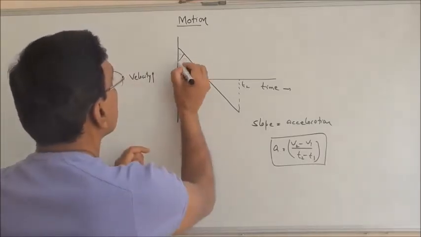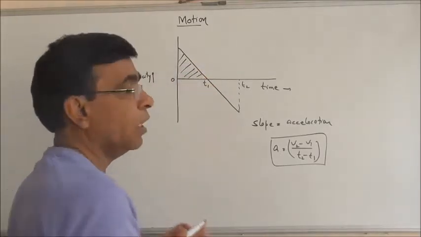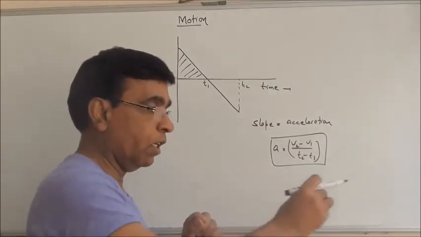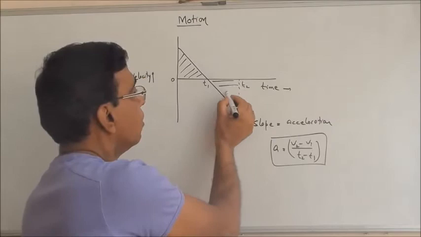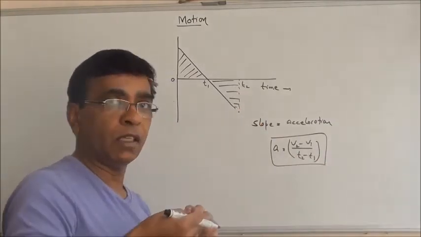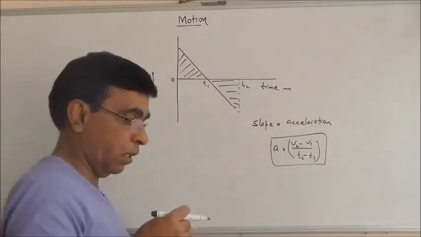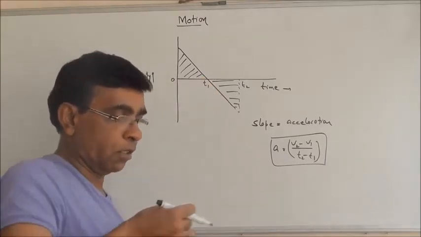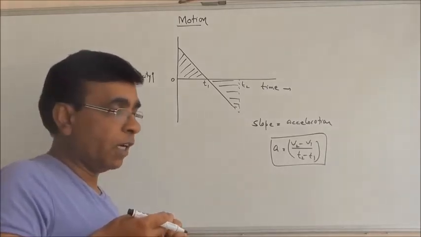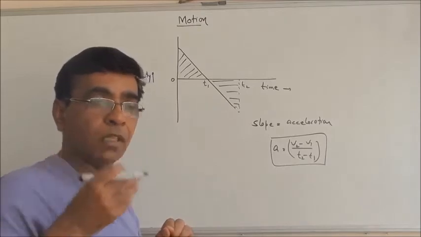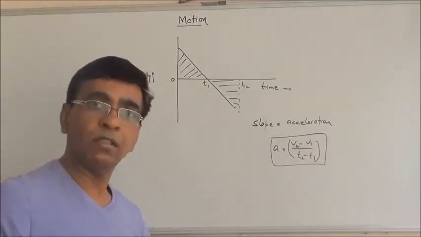This area will give us the distance covered when the body is moving in one direction. This is the distance covered when it is moving in this direction. From 0 to t1, I got this distance. From t1 to t2, I got this distance. So if I do this plus this, that is the distance. If I do this minus this, that is the displacement.